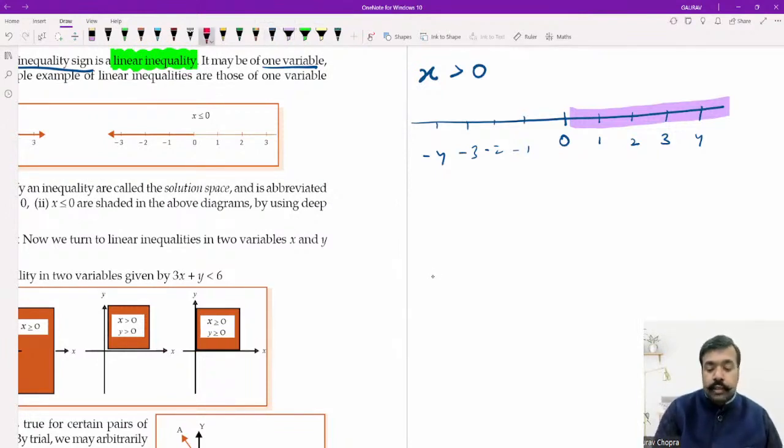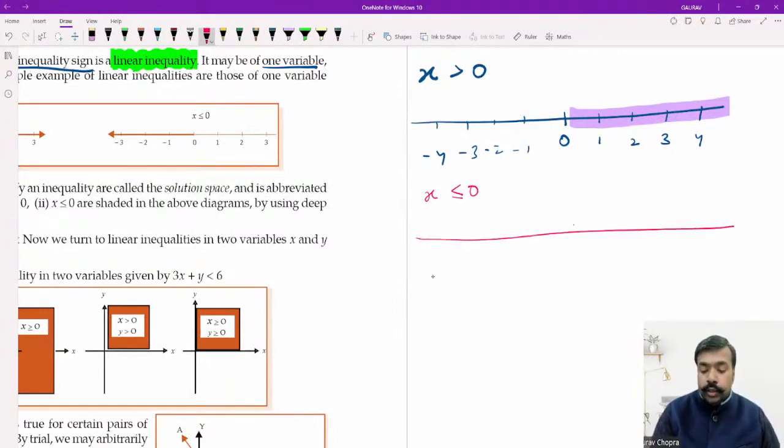Let's say we are having x as less than equal to 0. Now equal to is also included here. So let us mark this. 1, 2, 3, 4 on the right hand side, -1, -2, -3, -4 on the left hand side.